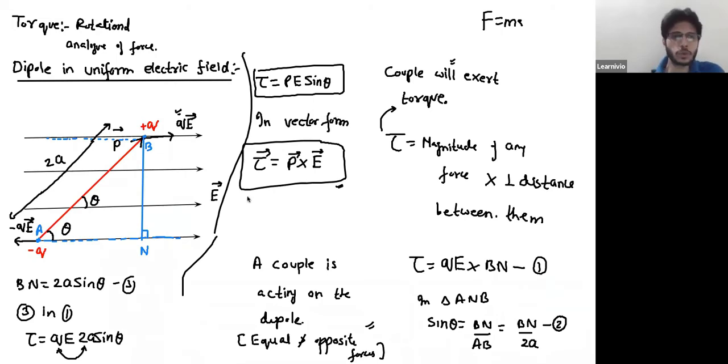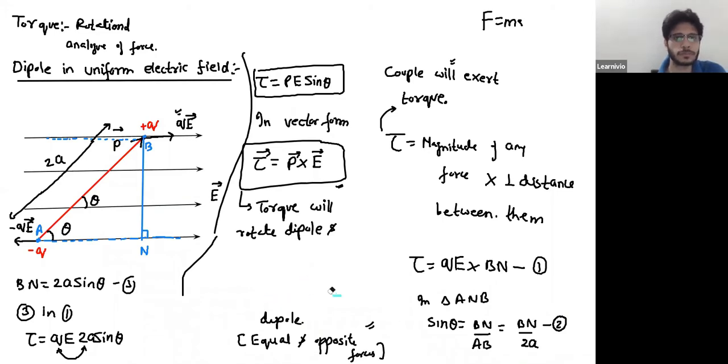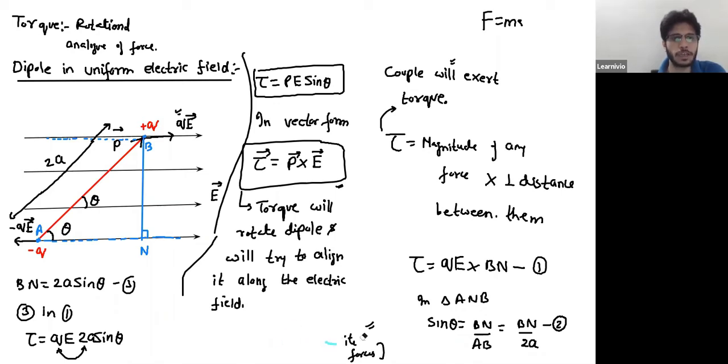Now this torque will try to rotate the dipole and will try to align it along the electric field.